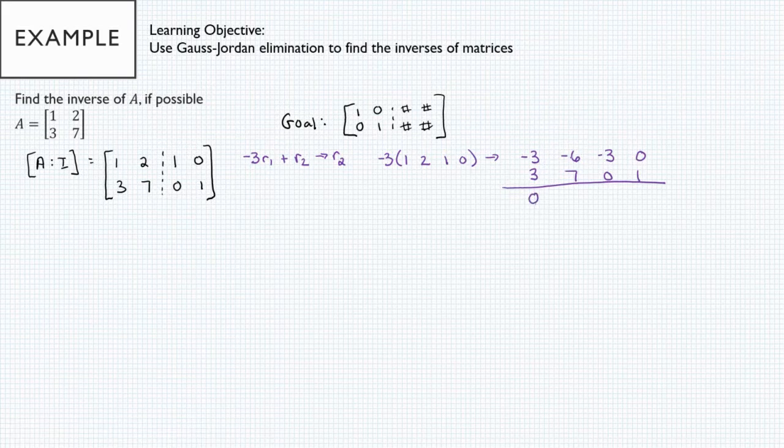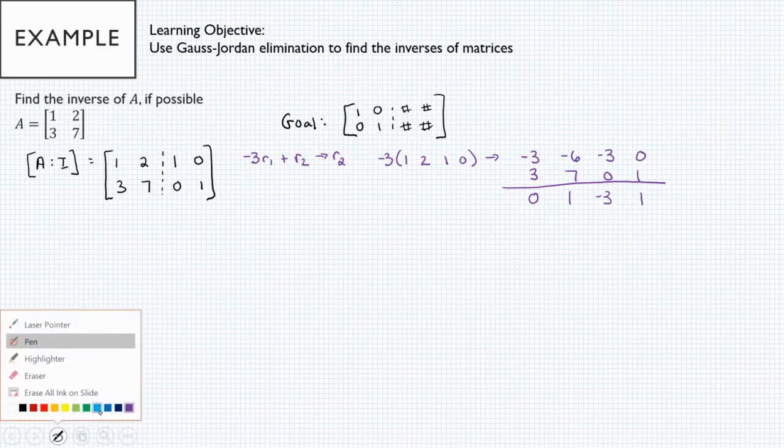So I get a 0, -6 plus 7, so that's a 1. -3 plus 0 is -3. 0 plus 1 is 1. That is going to be my new second row.